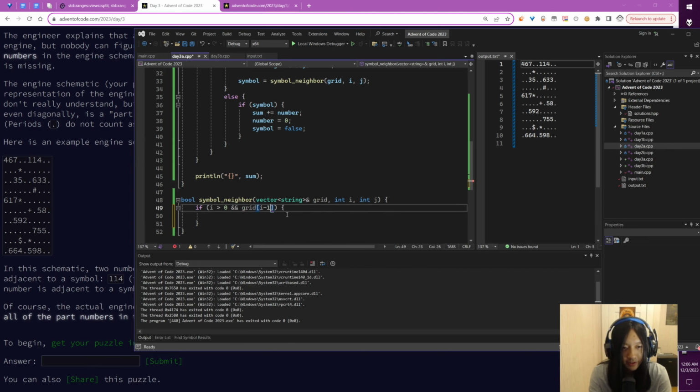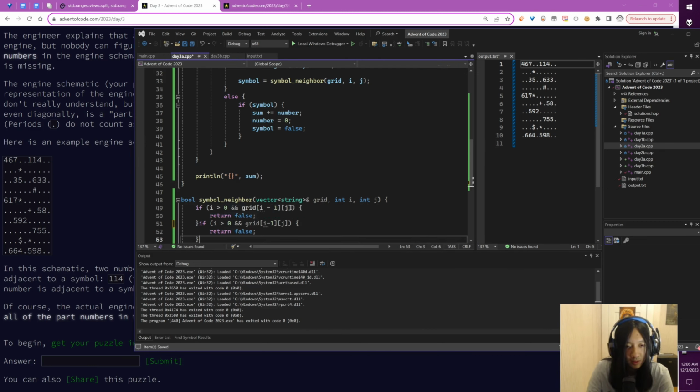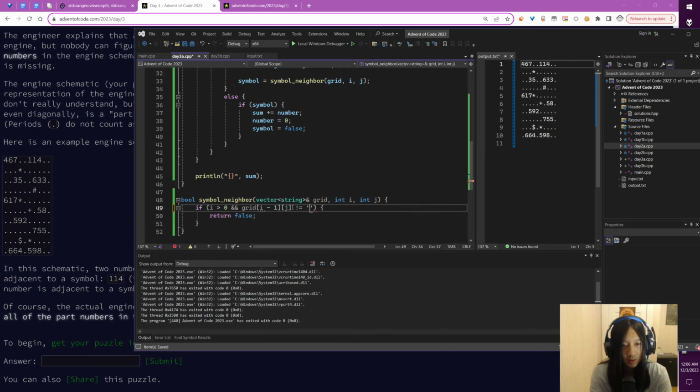Going to do some bounds checking like this. This is very error prone, but oh well. That's how we can do that.